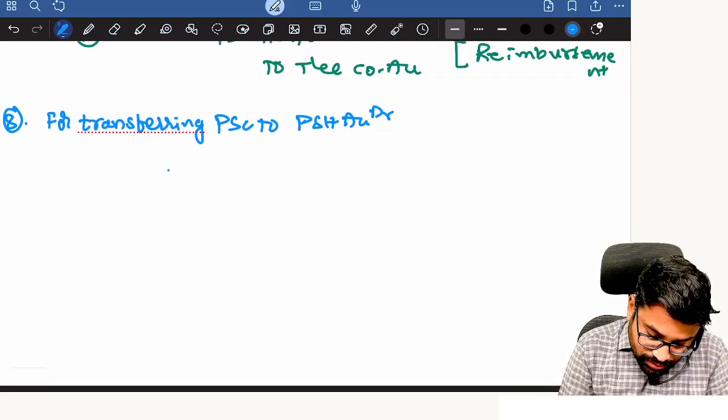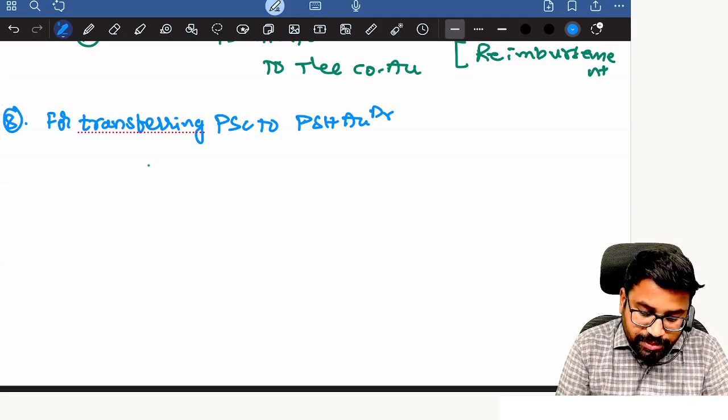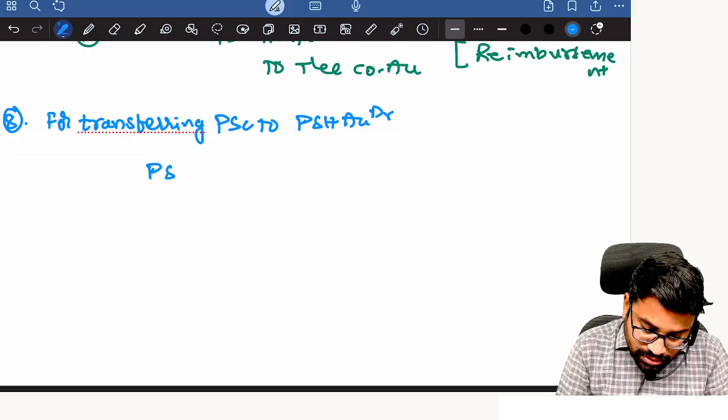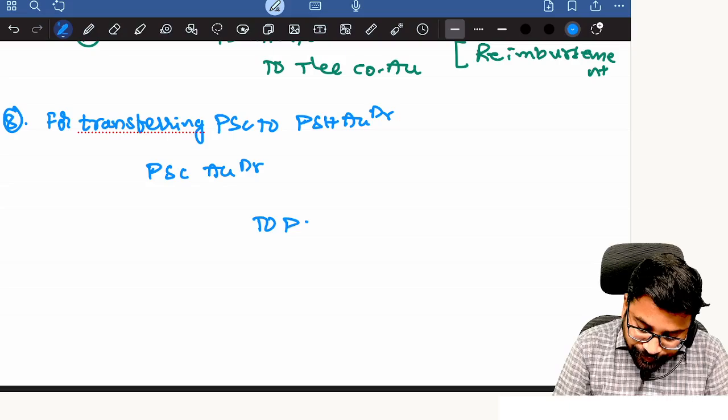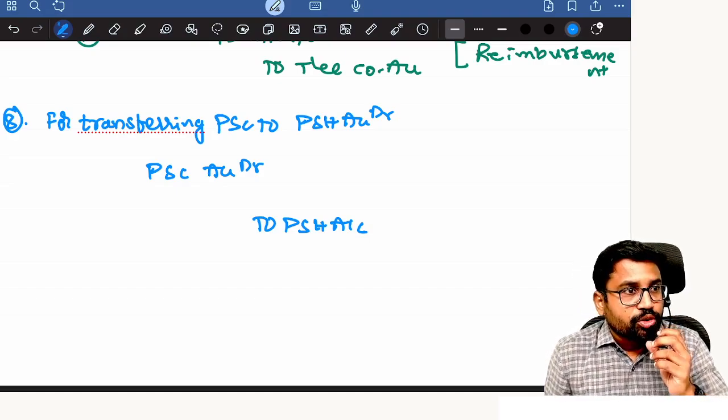When you transfer preference share capital to preference shareholders account, preference share capital account will be debited because that account we need to close. So preference share capital account debit to preference shareholders account credit.